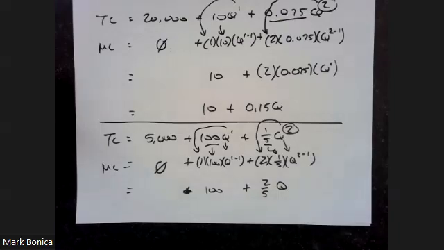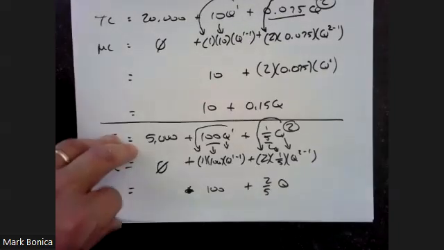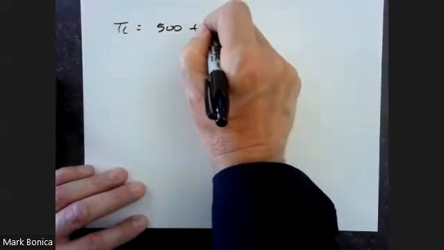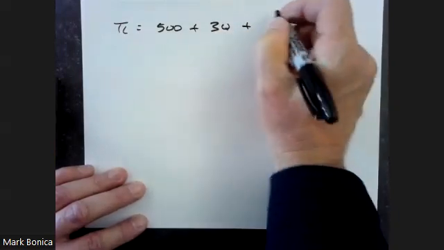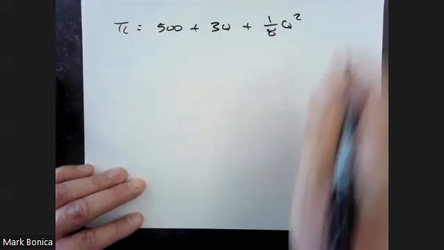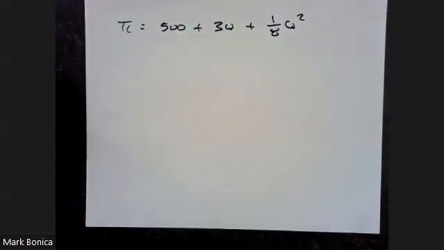All right, let's do another one. Total cost is 500 plus 3Q plus 1/8 Q squared. Now you do it. I'm not going to talk.